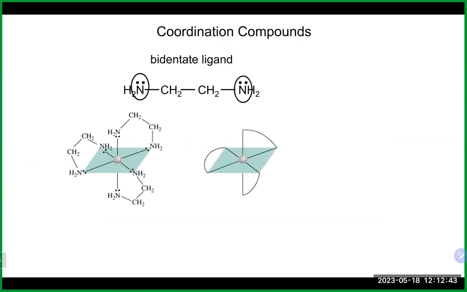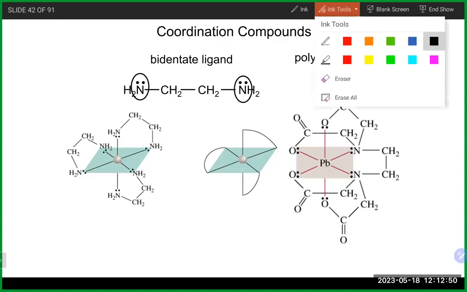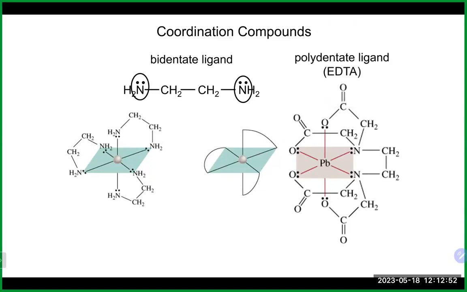So there's ethylenediamine, and this is the EDTA molecule, as I was talking about a second ago. And as you can see here, it could attach in one spot there, through the nitrogen there, which is 2, through that nitrogen, which is 3, that oxygen, that's 4, that oxygen is 5, and that oxygen, which is 6.